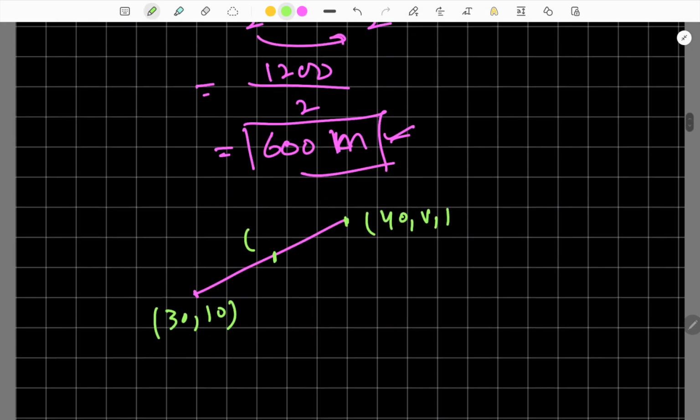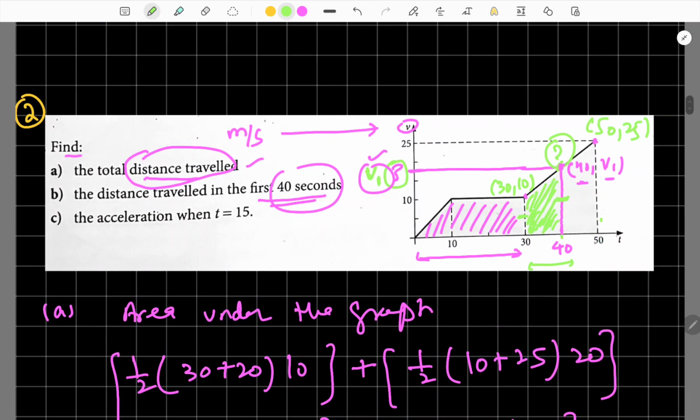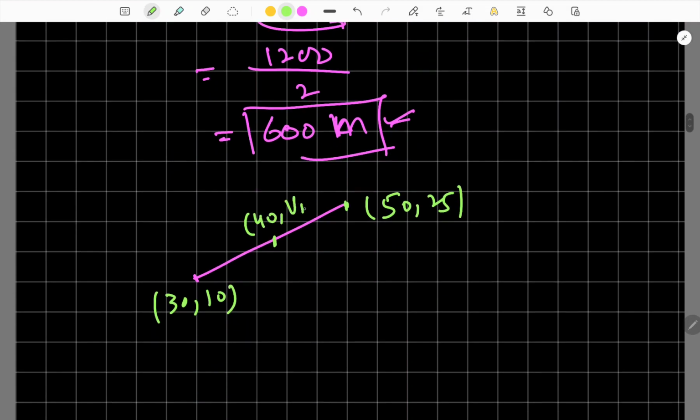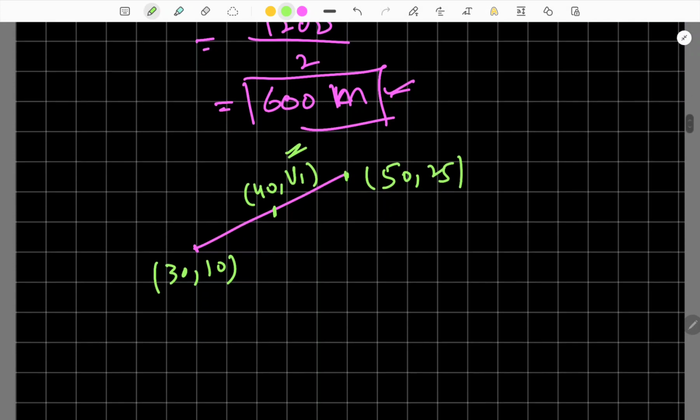First you write the x coordinate and then you write the y coordinate. ऐसे ही है, ठीक है? First point and last point on that line are given. ठीक? Middle में एक point है, let's say 40 and v1. So we have to find the value of v1, जो कि इसका y coordinate है, right? So बेटा we use the concept of gradient because every point on this line will have the same gradient.